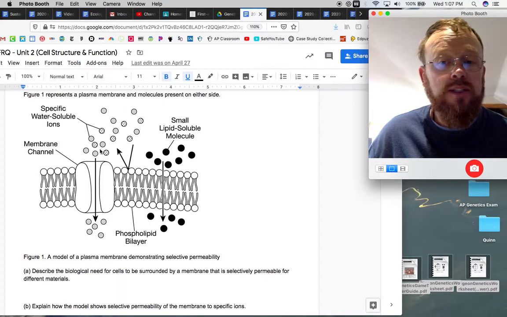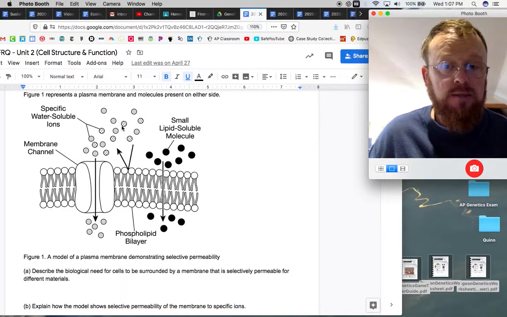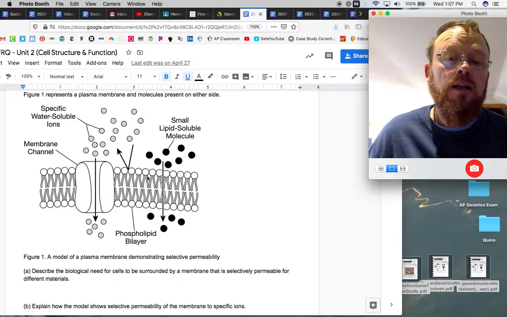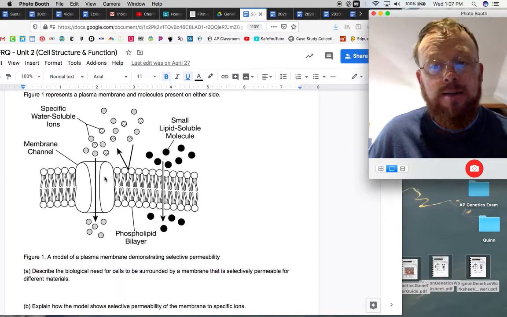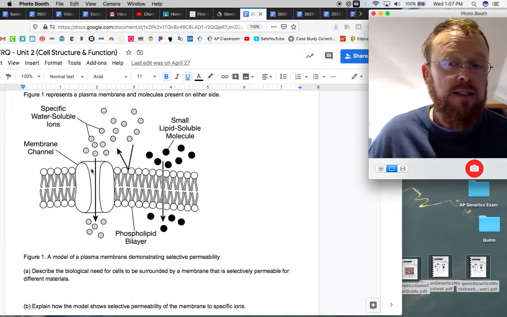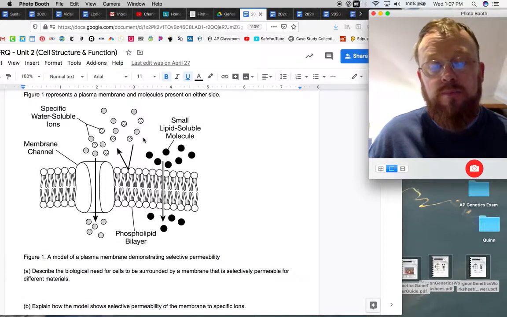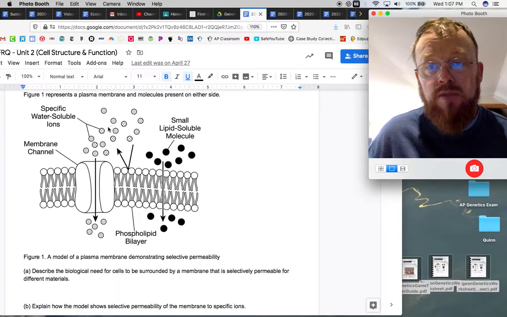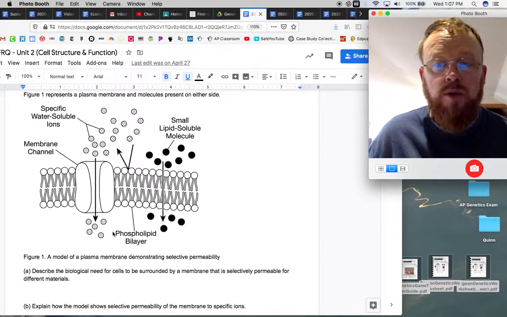And it's showing us that these polar molecules, regardless of size, generally speaking, cannot wiggle through the phospholipid bilayer. Instead, they need some sort of transport protein, and in this case, it looks like there's a channel protein, a membrane channel, that is there specifically to allow the diffusion of polar molecules through the membrane.